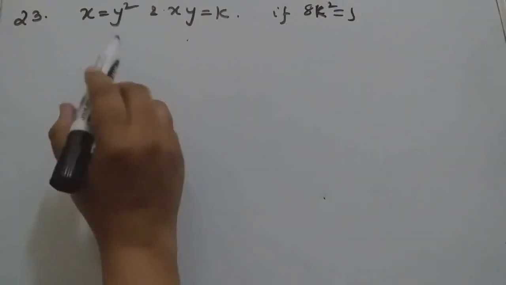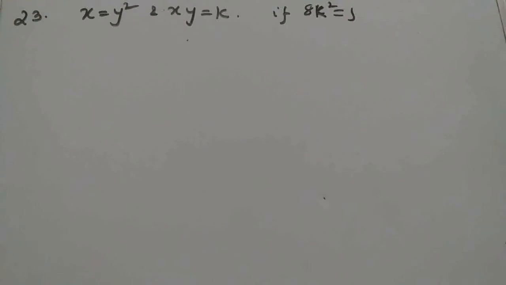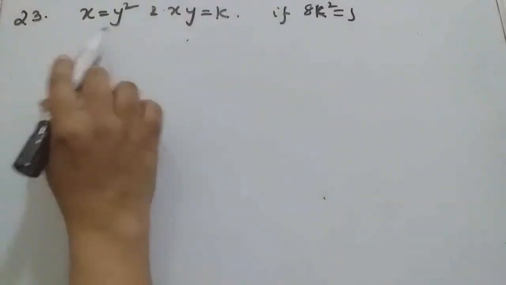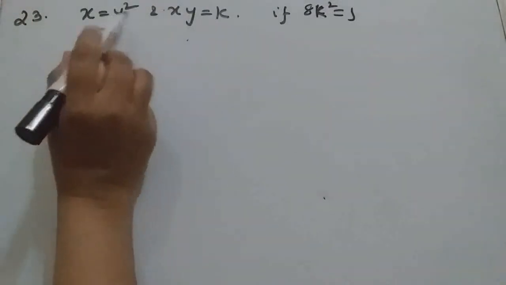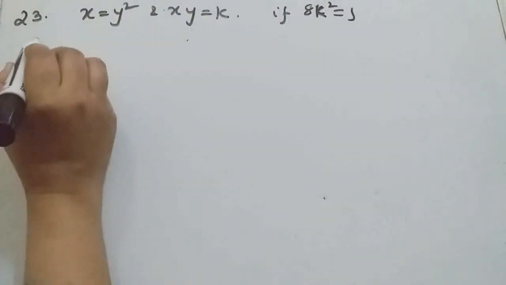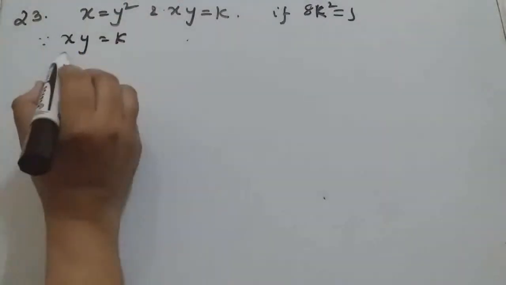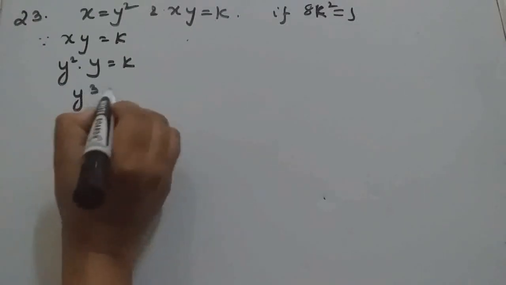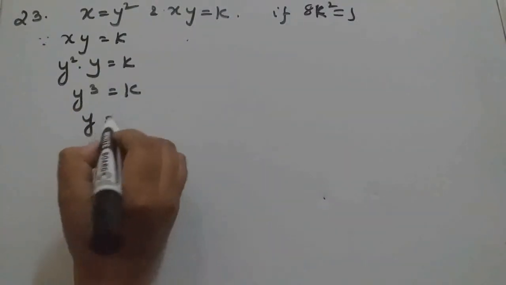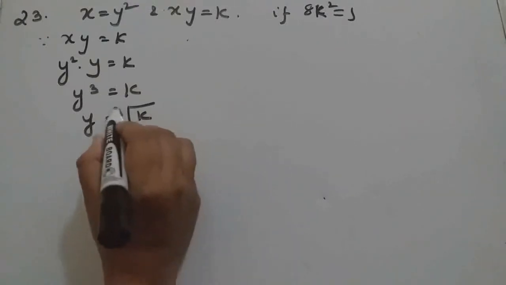Now first, these two curves are intersecting, which means one point of intersection will be there, so that we can find by equating these two equations. So x equal to y square we will substitute here, since xy equal to k, x is y square, so y cube is k. So y is the cube root of k.